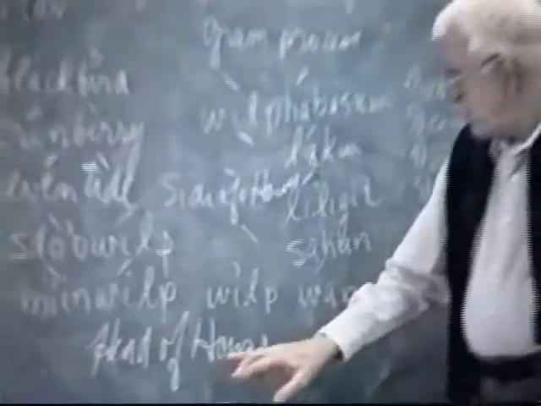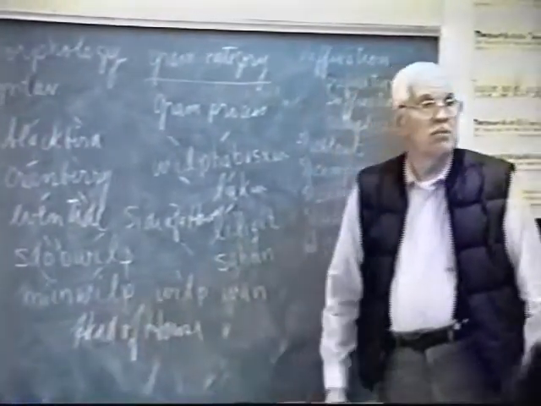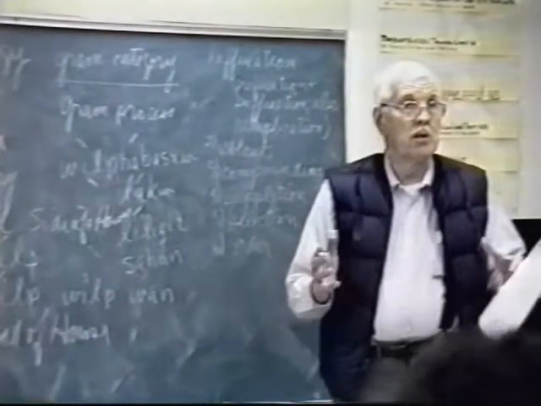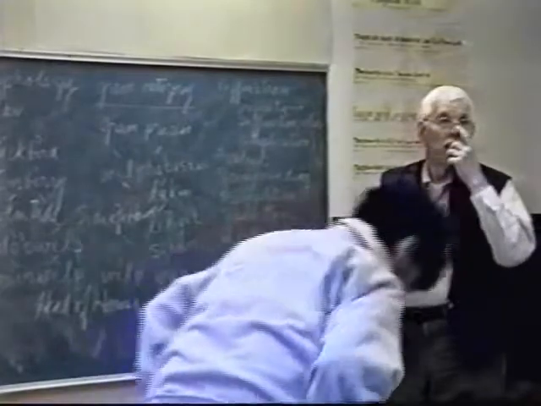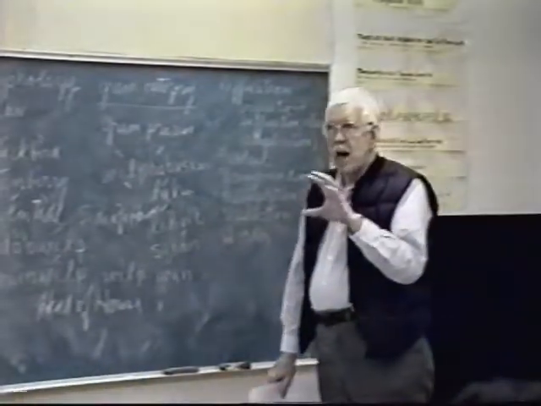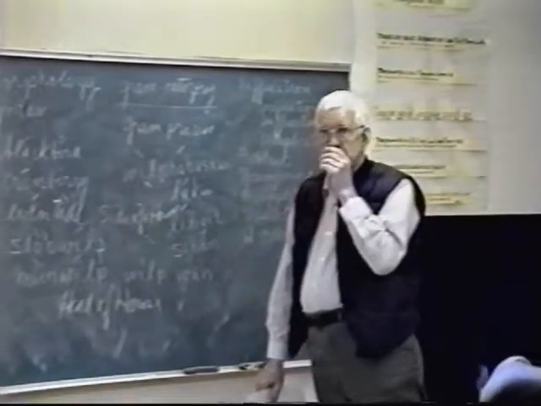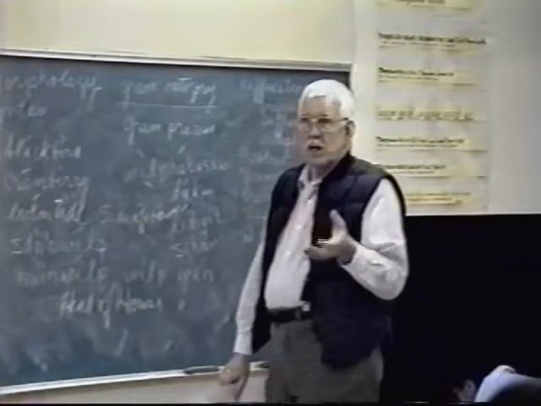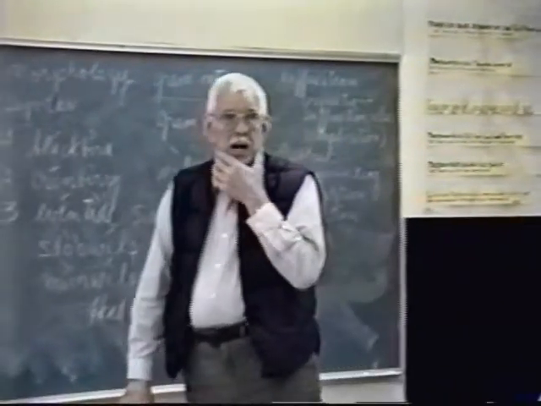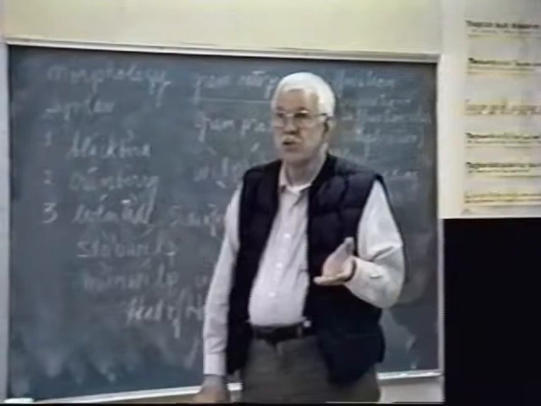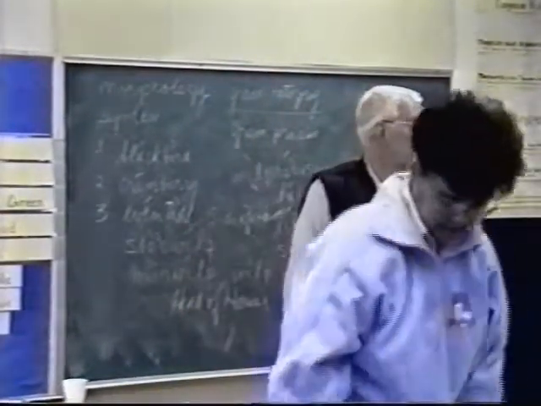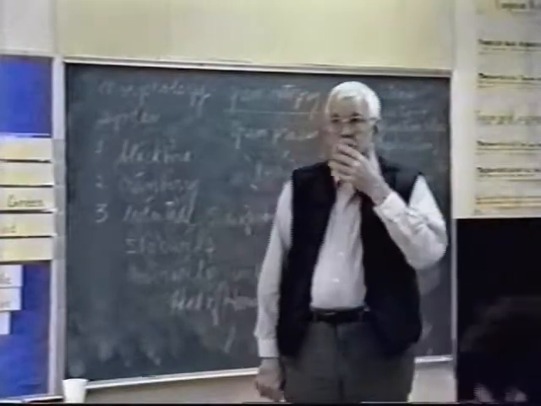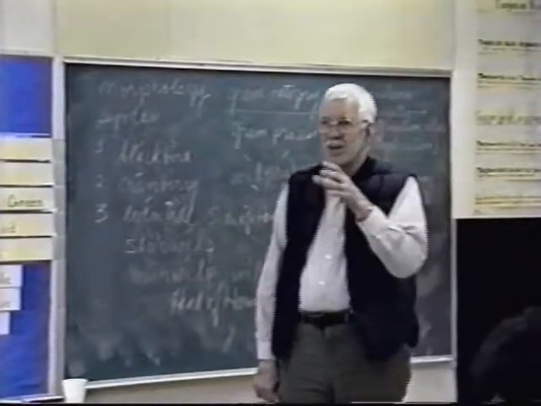And again, wilp in this case doesn't mean a physical structure, but it means the house group. Just as in English you can talk about, say, the House of Windsor, the British royal family. You don't mean Windsor Castle.